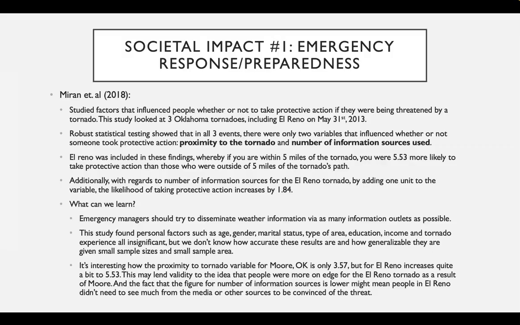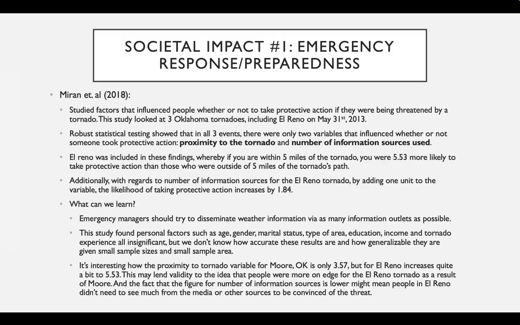So, with proximity to the tornado, that's someone who's within 5 miles of the path, or someone who's outside 5 miles of the path. And what was found here was that for those in the El Reno tornado that were within 5 miles of the path, they were 5.53 times more likely to take protective action than those who were outside 5 miles of the tornado's path.